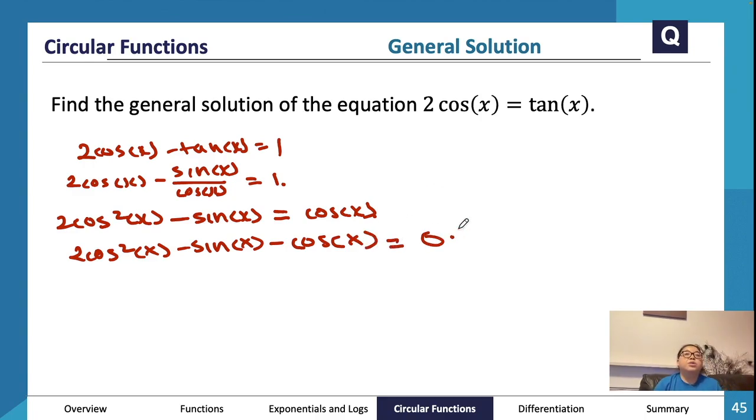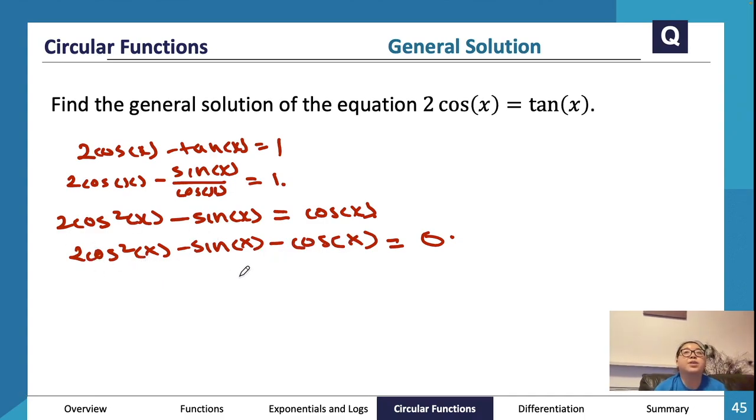Cool. So then what we can do after this is consider what we want in terms of the grouping and how we can group the different things together, because now we have our cos x's and our sine x's all together. So we have our 2 cos squared x.